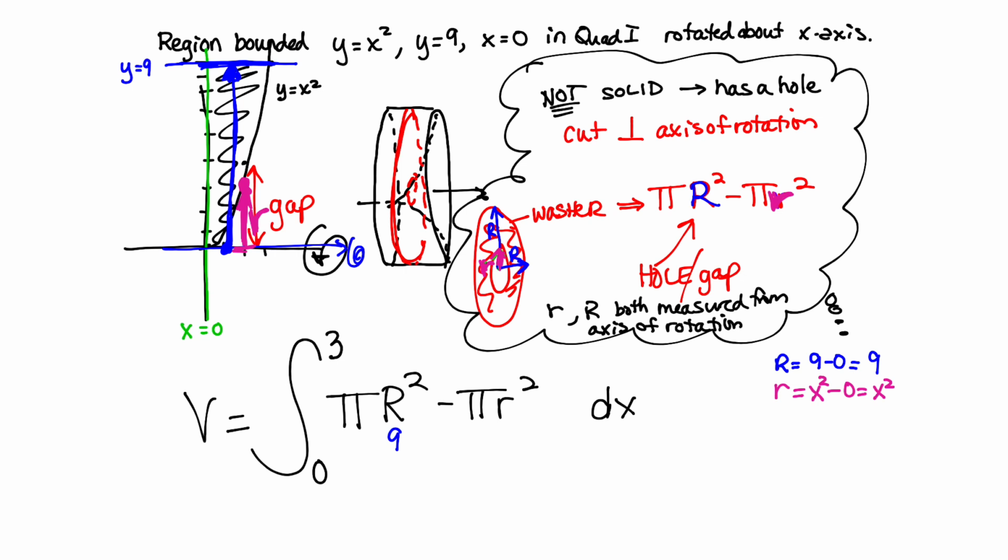Now, what if I make it smaller again, and smaller again, and smaller again? Notice I'm getting this shape, but it always has a what in the middle of it? A hole, right? So if I look at it from the top, it's round because it's rotating, are you with me?